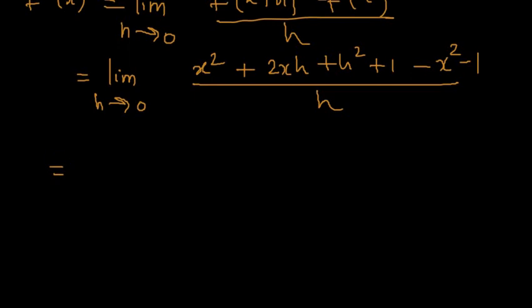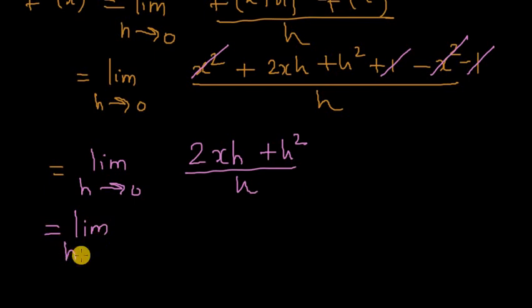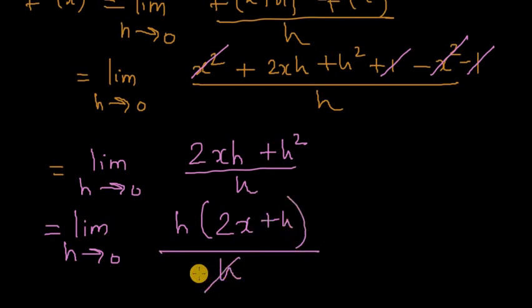That will be limit h tending to 0. Watch, x squared minus x squared cancel, plus 1 minus 1 cancel. So we are left with 2xh plus h squared upon h. In the numerator we have a common factor. What is that? h. So this is h times 2x plus h, whole thing divided by h.